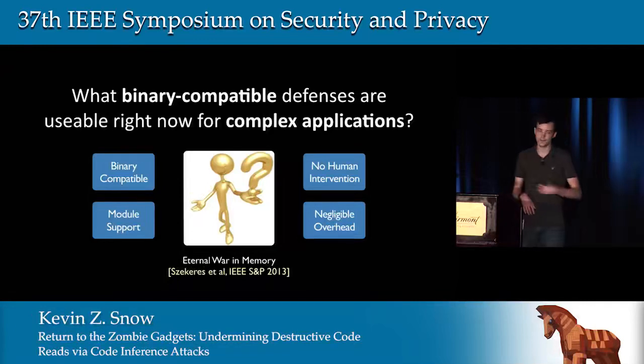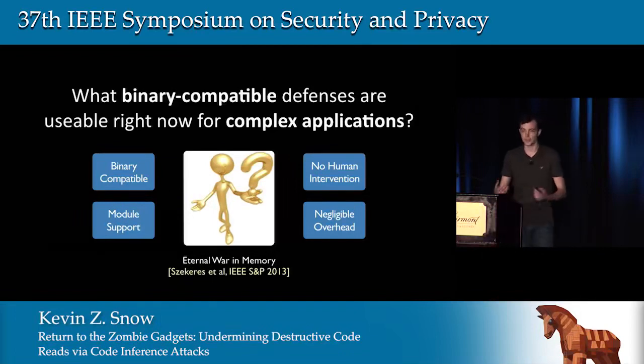Essentially, we wanted to find a mitigation that is binary compatible, so it doesn't require the use of any source code or compiler level instrumentation. It supports modules, so dynamically loaded libraries are supported. It requires no human intervention whatsoever, so it's a mitigation that's completely transparent to the user. And to be usable, it really needs to have negligible overhead, so around 5% or less runtime performance overhead.